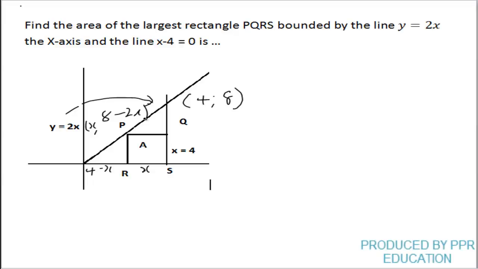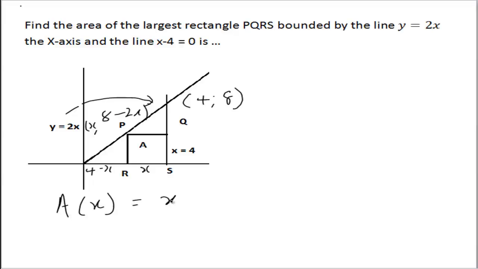So what happens really is we now can find the area. The area in terms of x is x times 8 minus 2x, and that gives us 8x minus 2x squared.